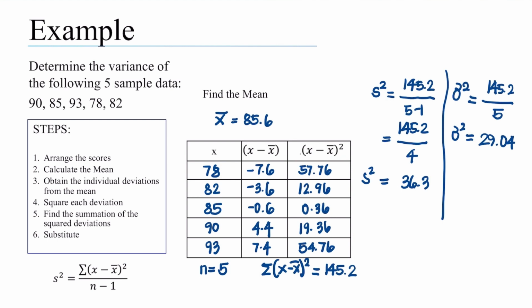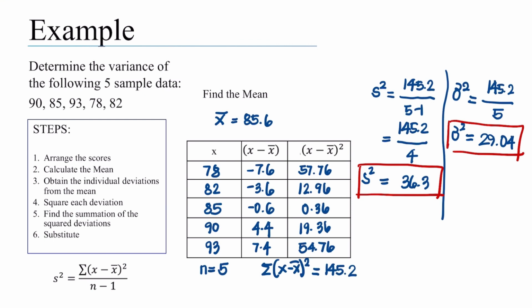This is your population variance. Take note, class, that in interpreting this, the lesser the value is, the closer the scores are. But we can meaningfully interpret the result if the mean, median, and mode are given. This is for the variance.